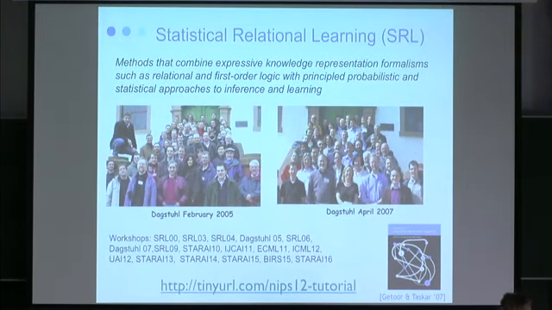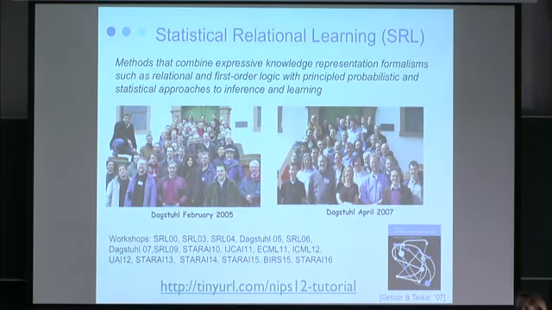So there is a community that has been working since around 2000, which mixes the rich representations that one uses from programming languages, from databases, from logic, from knowledge representation with statistical modeling techniques. There's been a series of workshops, Dagstuhl meetings, and so on.